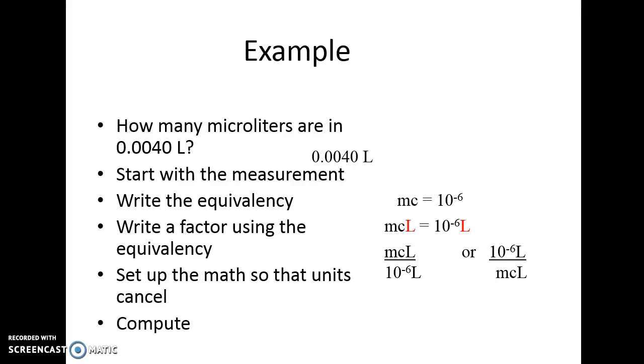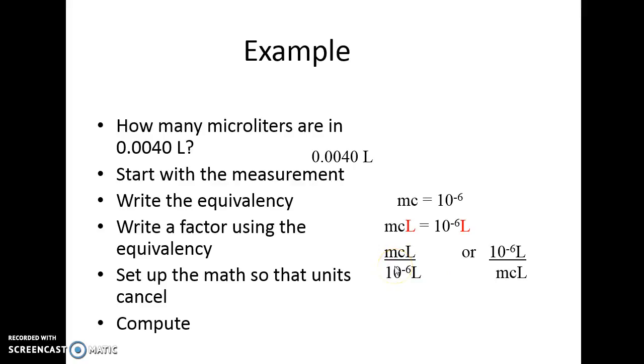Now, if I look at this equal statement, you can see one side of the equal statement is on the top and the other side is on the bottom, or I can flip it. I can always flip a conversion factor if I need to. Now what I need to do is use the conversion factor that will give me unit cancellation. Because liter is in the numerator here, I want it in the denominator here.